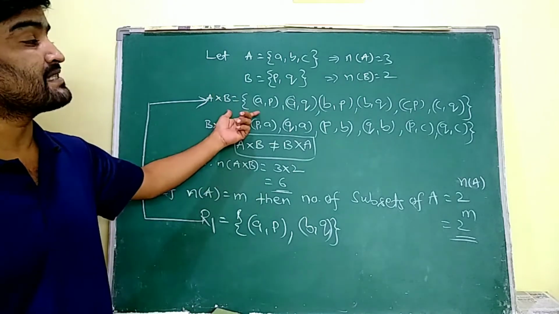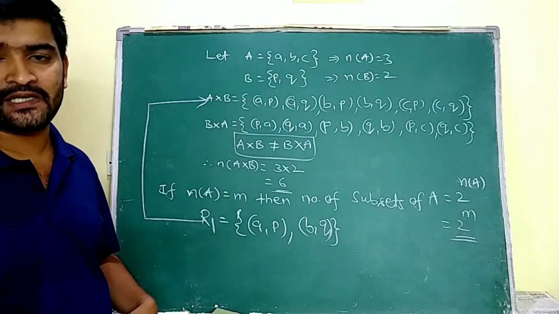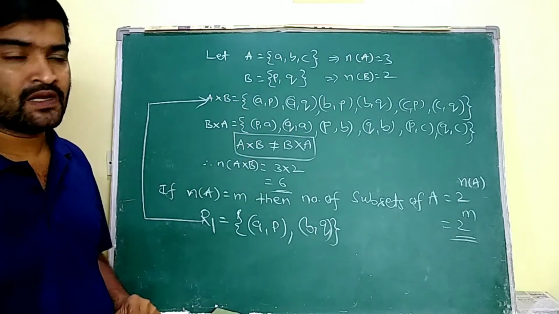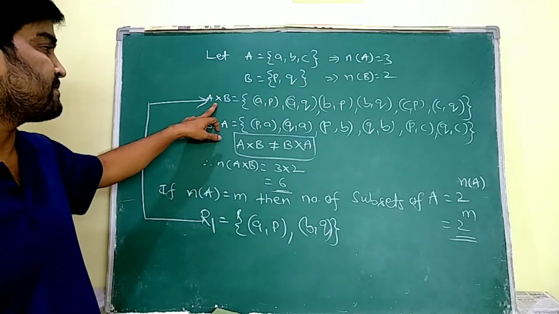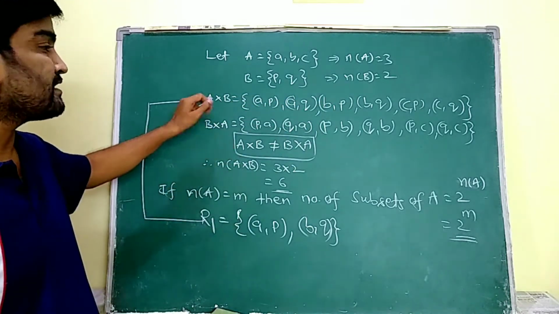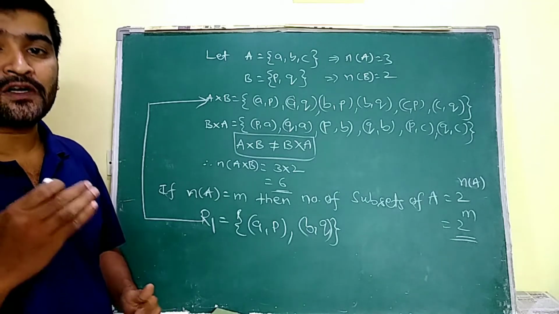Then how many relations am I going to write for this A cross B? That depends on the number of subsets, how many it is having. So we know that this set A cross B is having 6 elements. Then this A cross B is going to have 2 power 6 subsets.